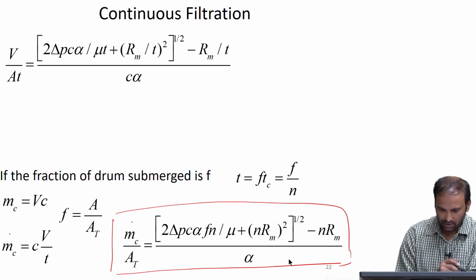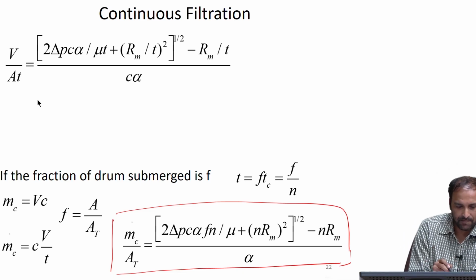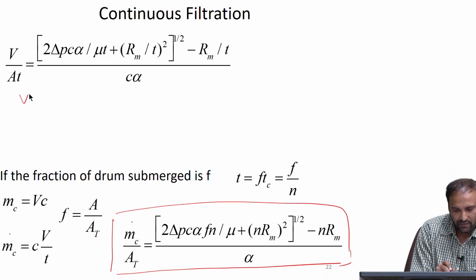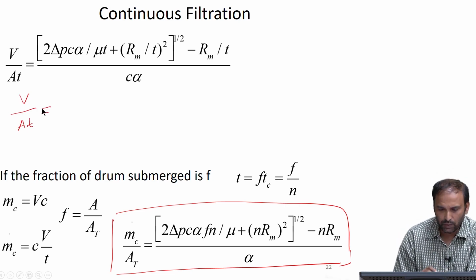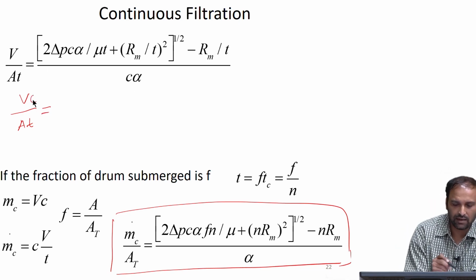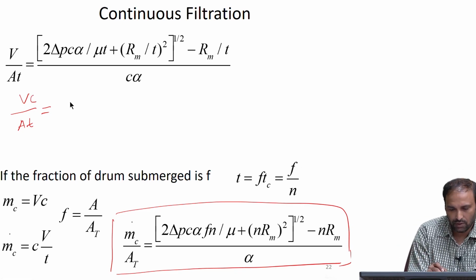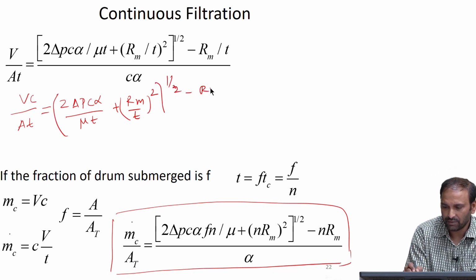So I will start with this expression, V divided by A t. Now I can take this c to the other side, therefore it becomes Vc equal to 2 delta p c alpha divided by mu t plus Rm divided by t, whole square to the power of 1.5, minus Rm divided by t.